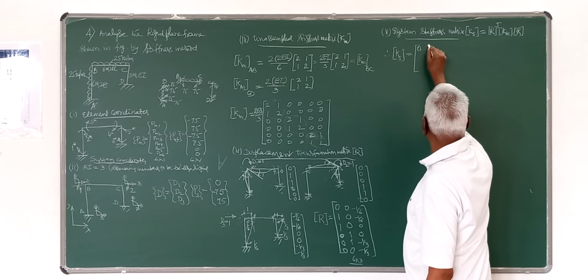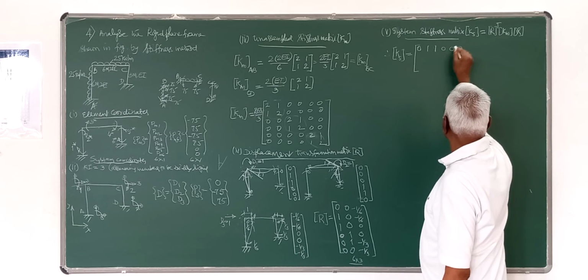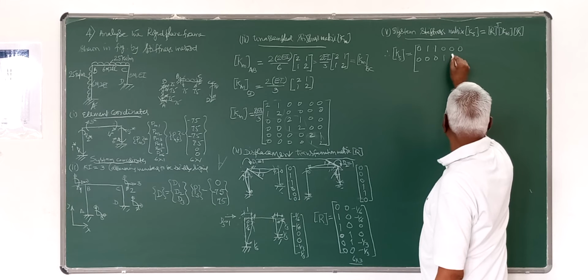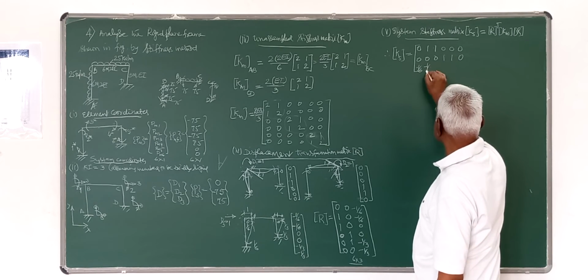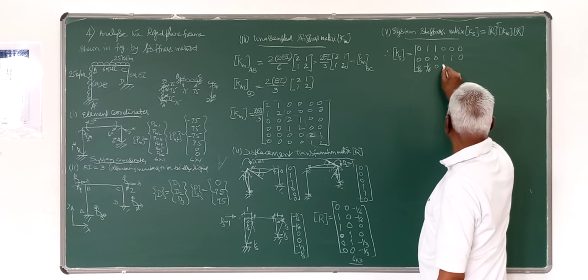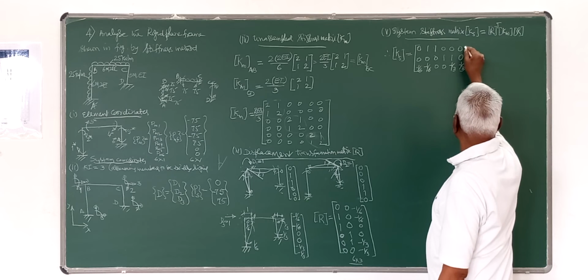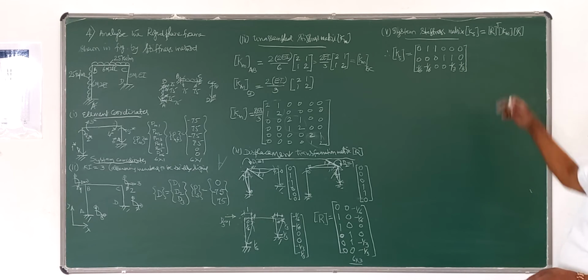So therefore, this Ks is given by this R transpose, which is 0, 1, 1, 3 zeros, then 3 zeros, 1, 1, 0, then minus 1 by 6, minus 1 by 6, 0, 0, minus 1 by 3, minus 1 by 3. That is R transpose.